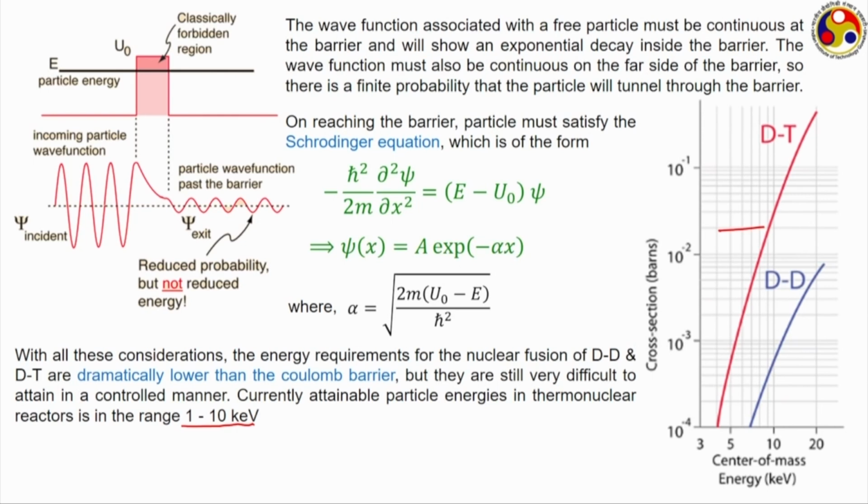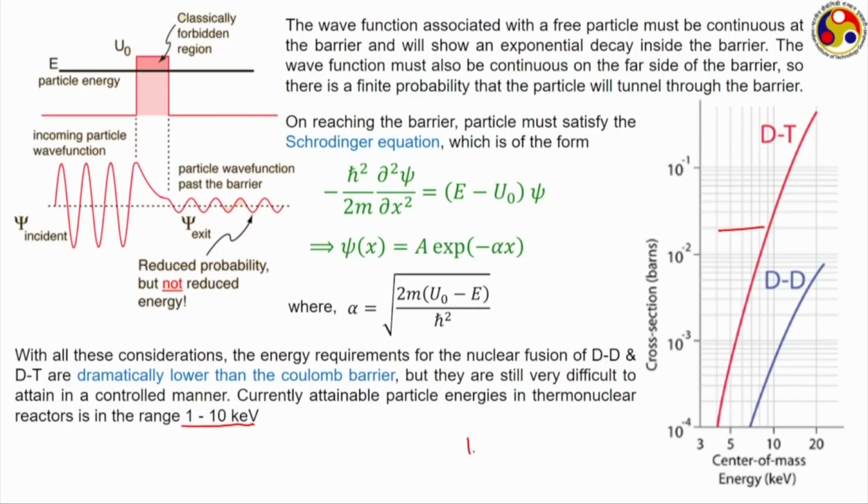How to calculate the corresponding temperature? We know that the particle energy can directly be related through kinetic theory, that is, half m v square should be equal to 3 kT.